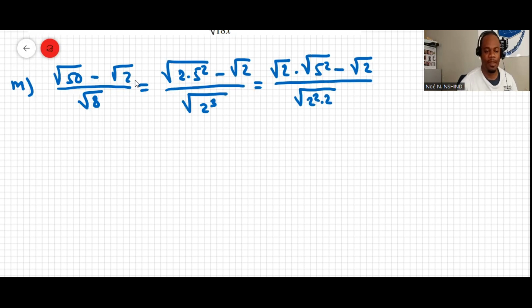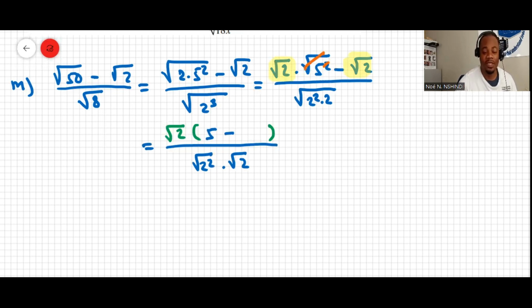Okay, so note that over here we have a common factor, so we can write root 2 as the common factor, and then at the denominator we can split it also into root 2 squared times root 2. And then root of 5 squared is just 5 because the root here and the power of 2 will be simplified, so we are left with 5, and then minus what?